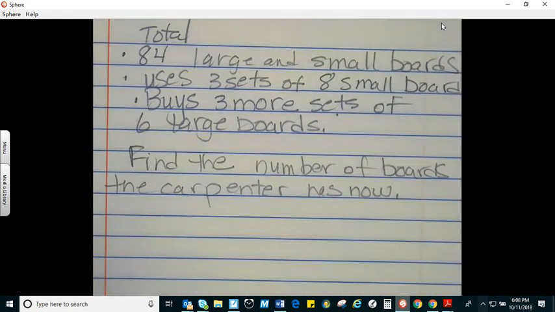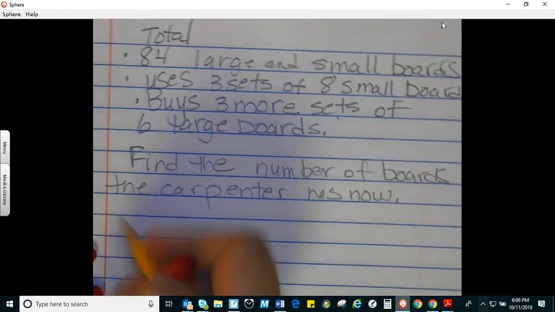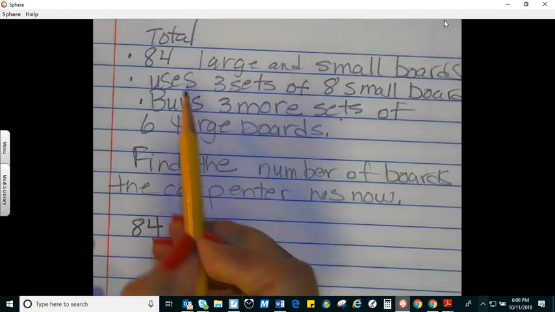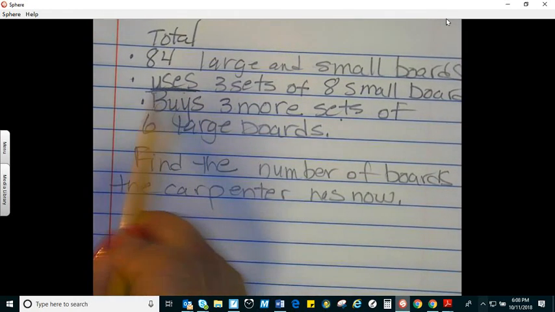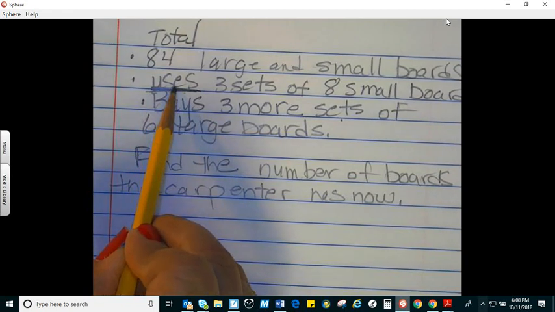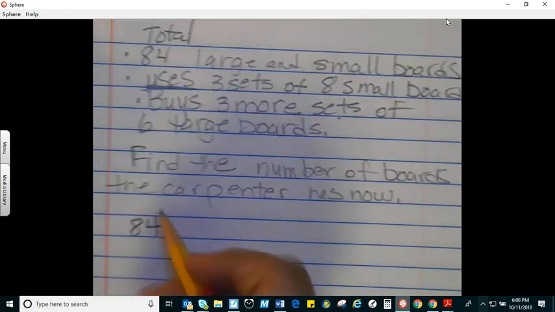Okay? All right, so now let's take a look at what we have. Again, we are starting off with 84 boards. He uses, what operation are we going to use that shows us how much he took out? Yeah, you're right. We're going to subtract out.